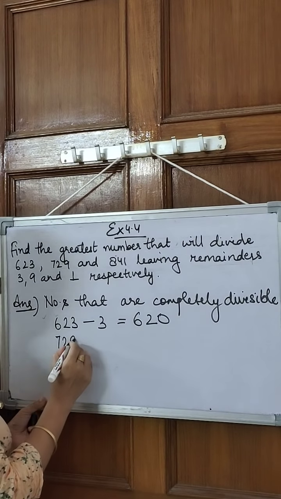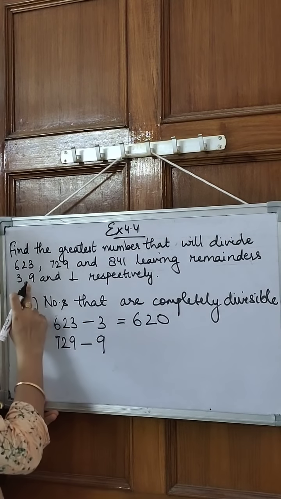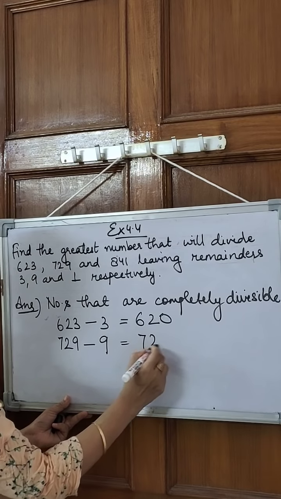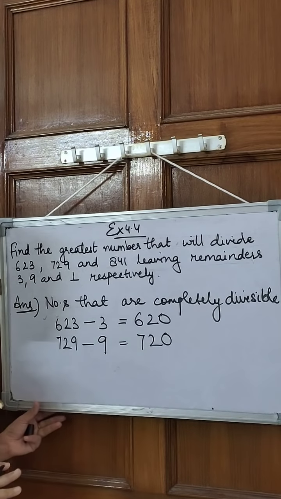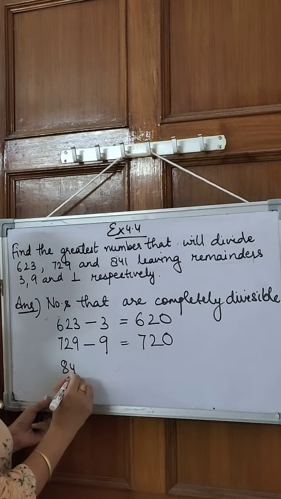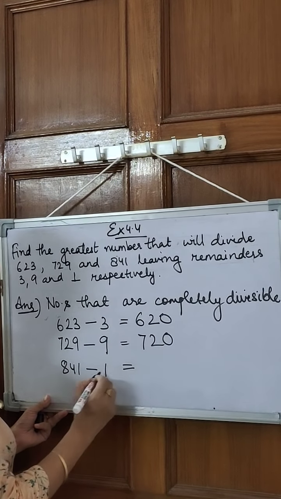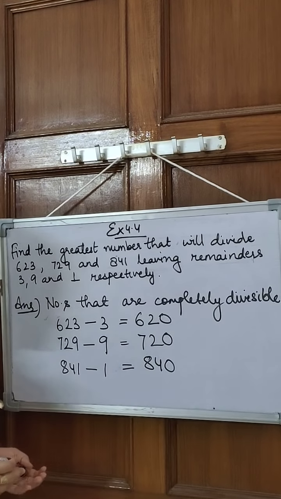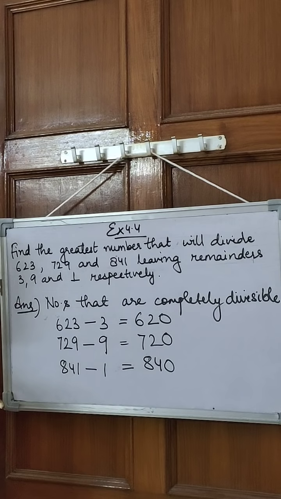Similarly, from this number I remove 9 because 9 is the remainder, so 9 is extra. If I remove 9, I will get 720, and this is also completely divisible. Now from the third number, I will remove 1, so I will get 840. Now this is also completely divisible. Now this means what?